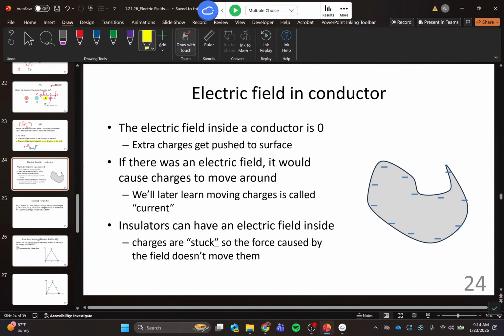So the consequence is if I enter this cage, my Wi-Fi signal is gone. My cell signal is gone. No electric fields can go inside this. Why? Inside a conductor, even if it's hollow, the electric field is 0. That's the really interesting statement there.